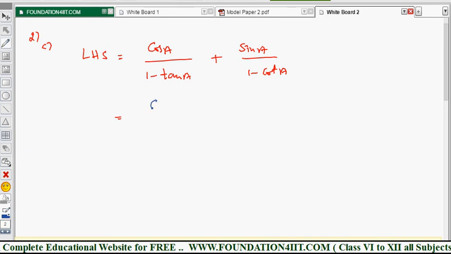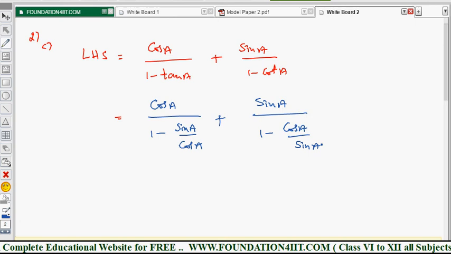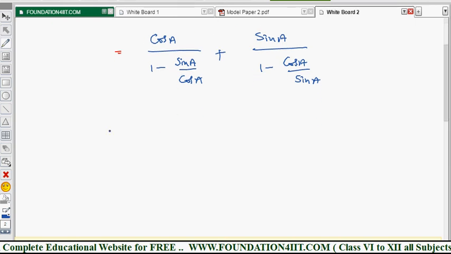That is cos A by 1 minus tan A, and tan A is sin A by cos A, plus sin A as it is by 1 minus cot A, and cot A is cos A by sin A. Then just do the LCM and simplify.